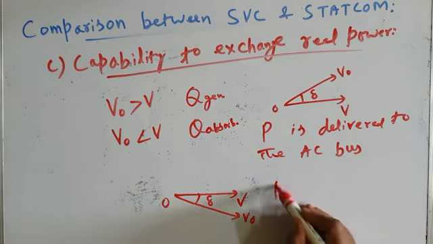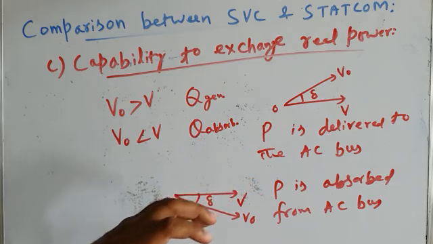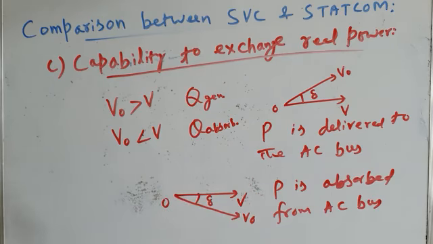In that case, it does not supply active power to the AC bus. It draws active power from the AC bus, converts that AC active power into DC power, and that DC power is used for storage of the battery or whatever energy storage you have there.